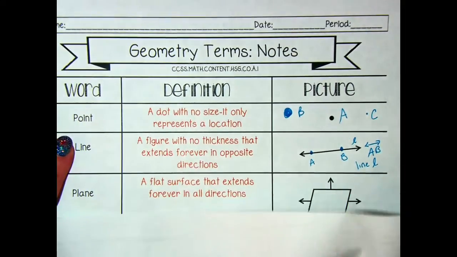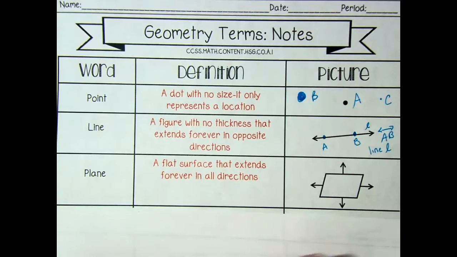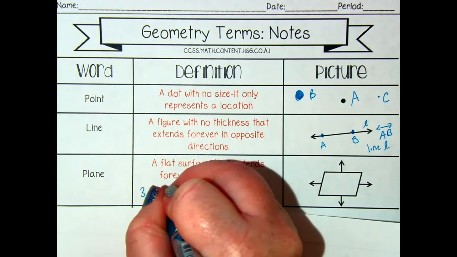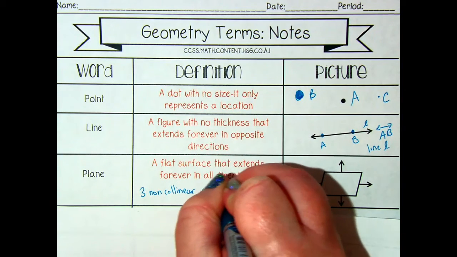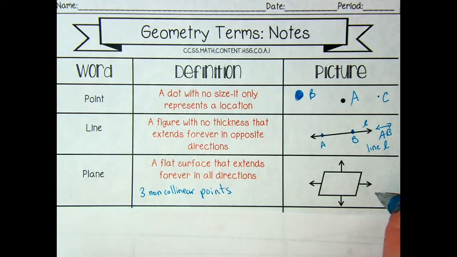We also have the term of a plane, which we know is a flat surface that extends forever in all directions, and it is made up of 3 non-linear points. Now, you don't need to draw these arrows to show that it's a plane. This is just to represent that it extends in all directions.